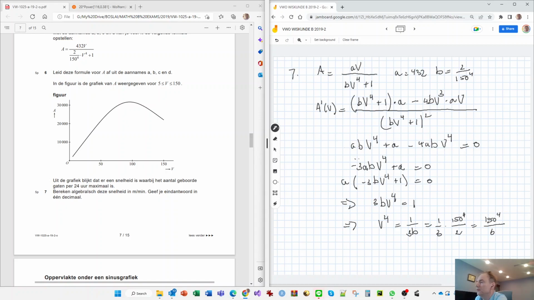Well, what I can do then is I have this power 4. Let's just write it then as v to the power 4. Well, you can just calculate this and take the root.